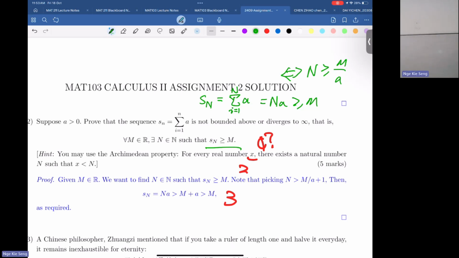But what does this hint say? For every real number x, there is a natural number. I don't know which one. It just says there is a natural number such that x is less than N. So if you want to use this Archimedean property here, what x can you take?